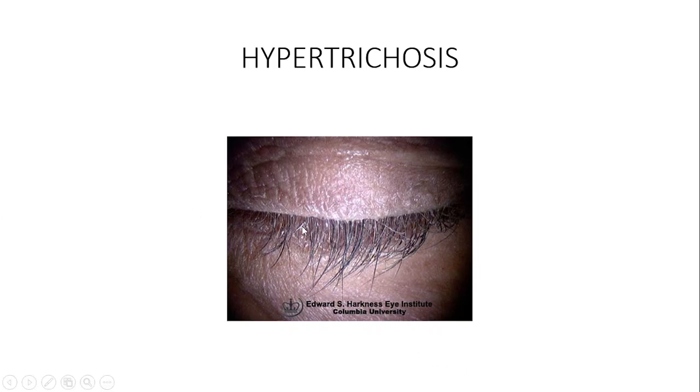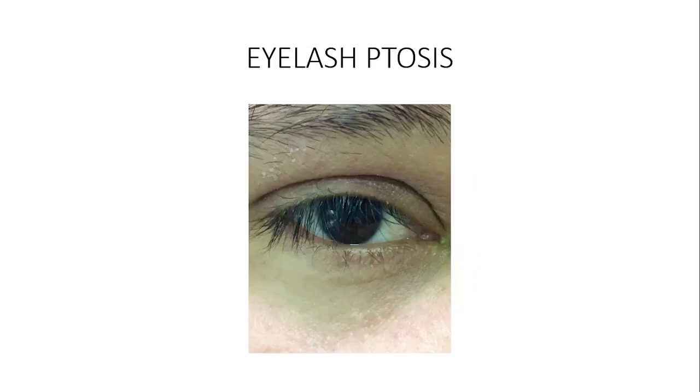So, in hypertrichosis, all we need to say is that the eyelashes are more numerous than normal. I said that in the upper lid, you should have at most 100. But here, you may have more than 100. So that is known as hypertrichosis.